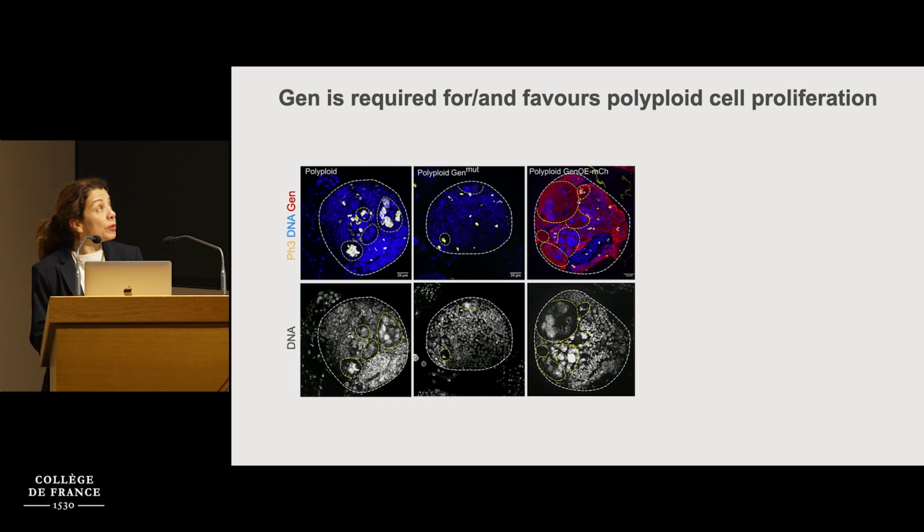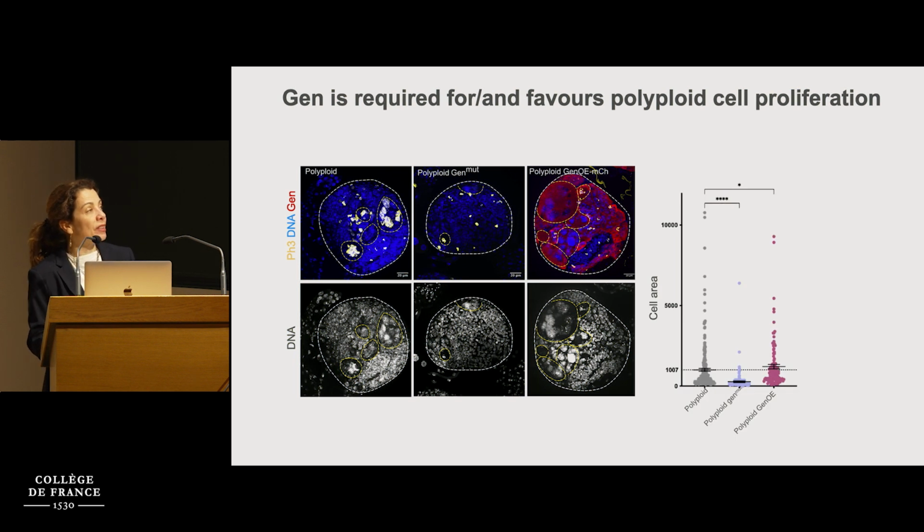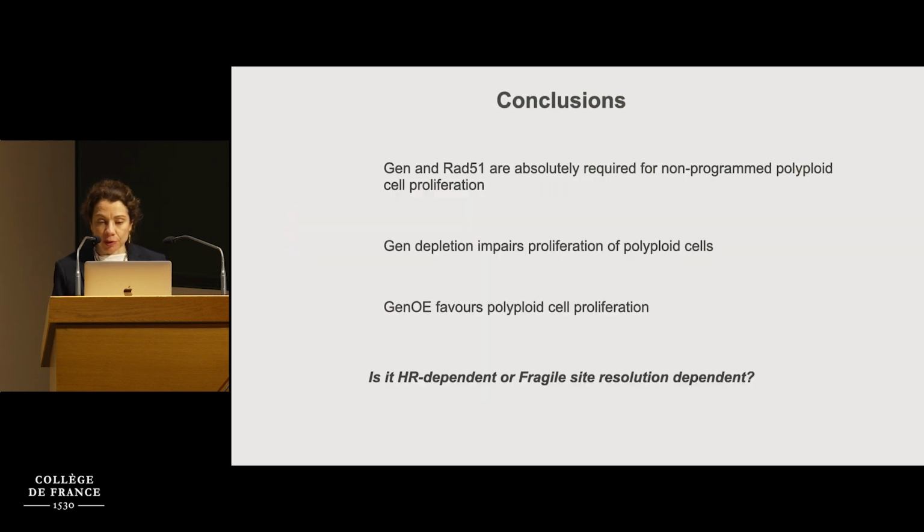Now, in contrast to this, in the polyploid background, these cells stop proliferating. This is confirming the RNAi screen, as you can see over here, while the overexpression is making these cells much bigger. So from a genetic point of view, this is quite interesting because it's showing that the depletion of Gen abrogates polyploid cell proliferation, while the overexpression is basically promoting it.